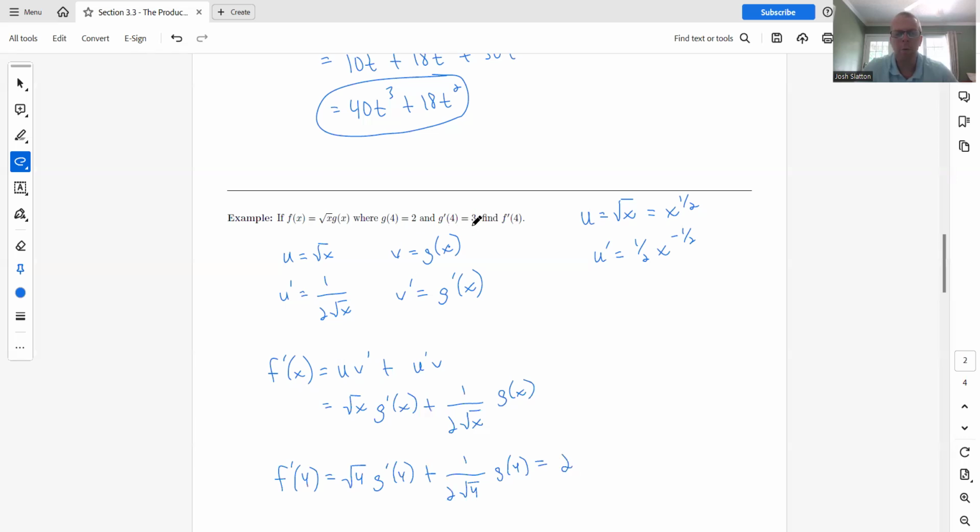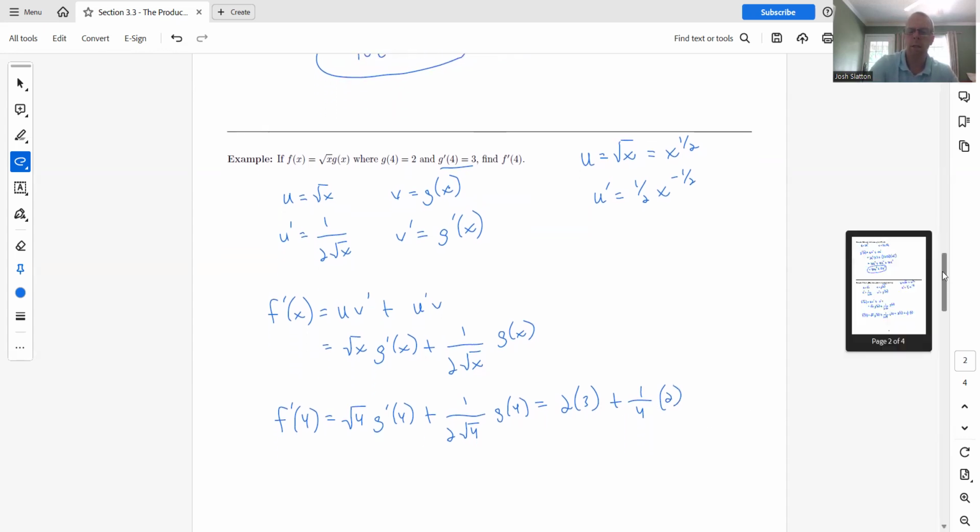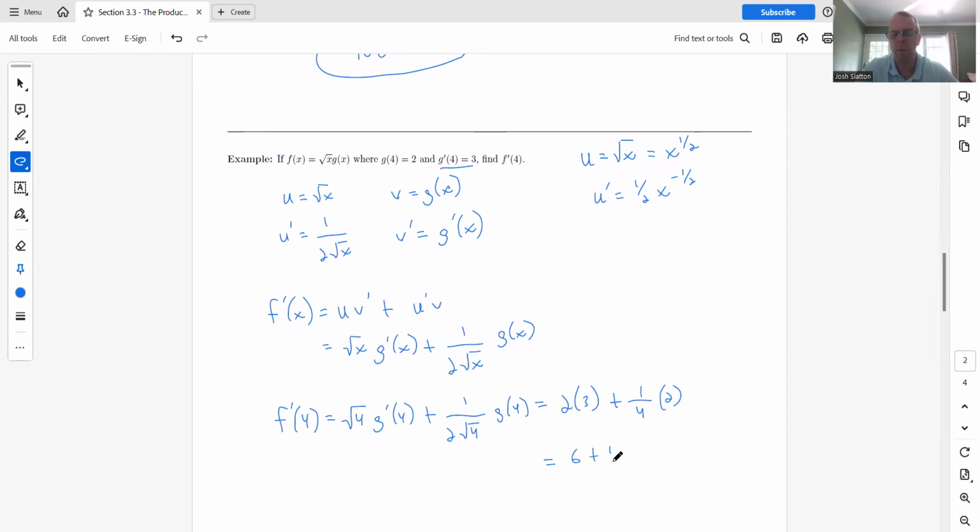G prime of 4 is 3, so this is 2 times 3, plus 1 over, that would be 2 times 2, so that'd be 1/4. And then times g of 4, which is 2. And then just simplify this. So we have 6 plus 2/4, which would be 1/2. And so we get 6.5 or 13/2.